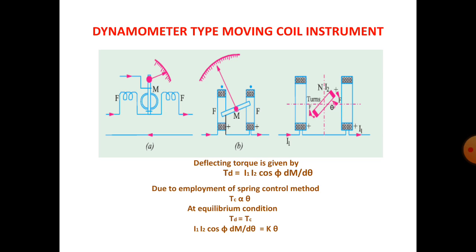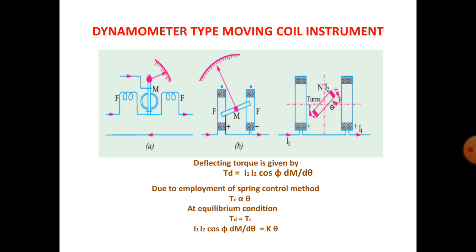The moving coil tries to move from zero position to some value position. It is going to stop at a point where deflecting torque is equal to the controlling torque. So coming to its mathematical expressions, deflecting torque is given by Td is equal to I1 I2 cos phi dM by d theta. There are two currents here. I1 is the current which is flowing through the fixed coil and I2 is the current which is flowing through the moving coil.